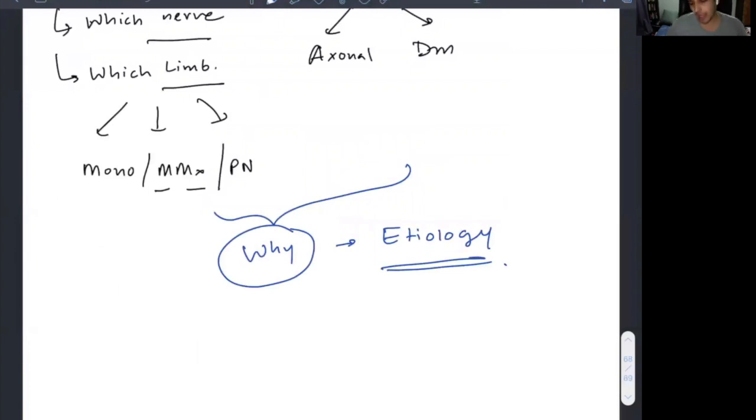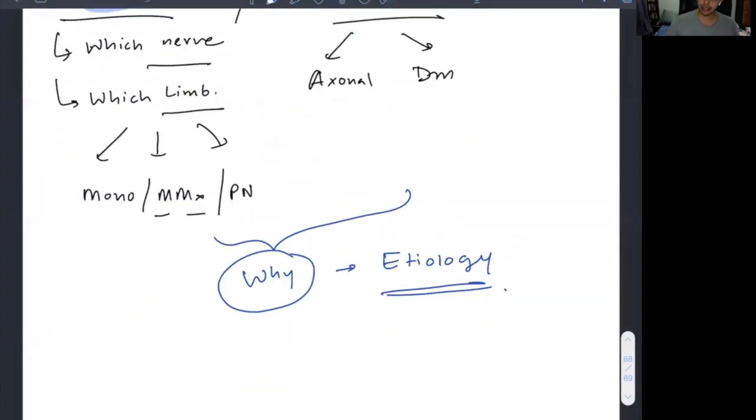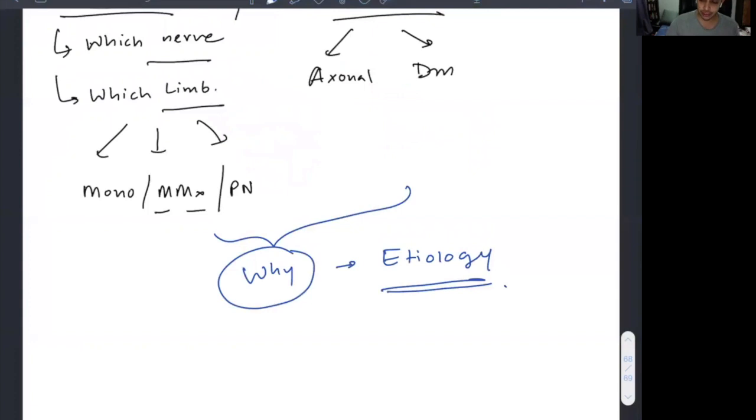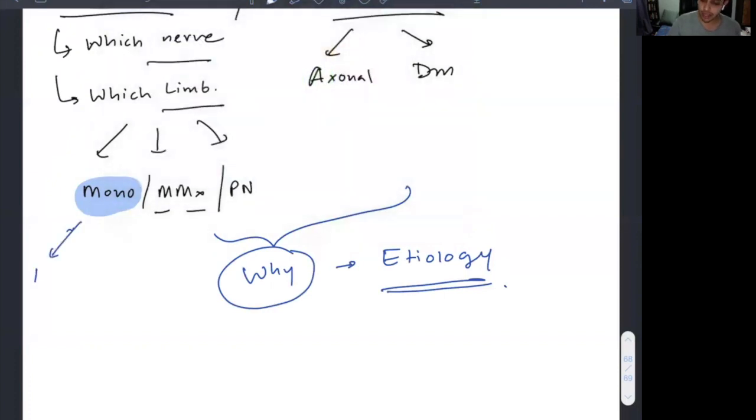Now, I don't have the time to go too much in depth about the why, because there is quite a lot of complexity involved, basically in each one of these differentials. So in a mononeuropathy, you have causes of axonal and demyelinating.